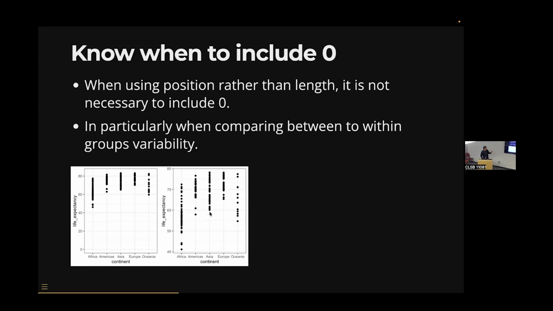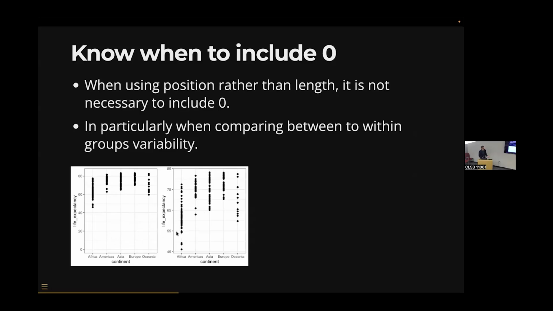You can see that by looking at the middle, but also there's variability. There's a lot of variability in the African continent, more than in any other continent. That's important information, I think. It's easier to see that here than here. This space is wasted if I want to just see what's going on.